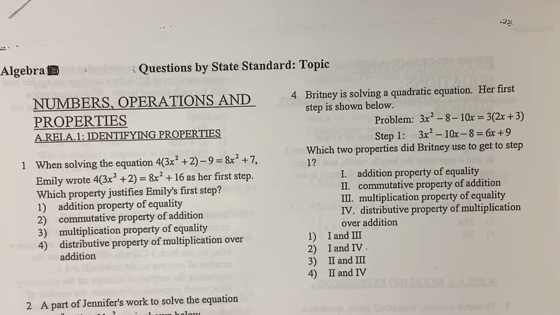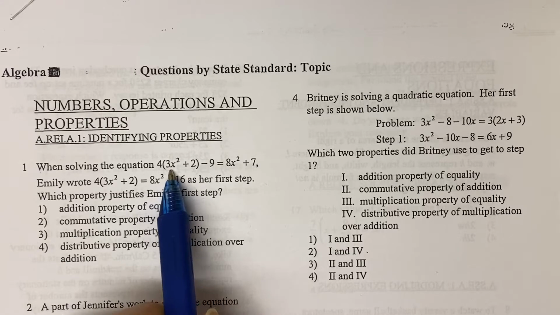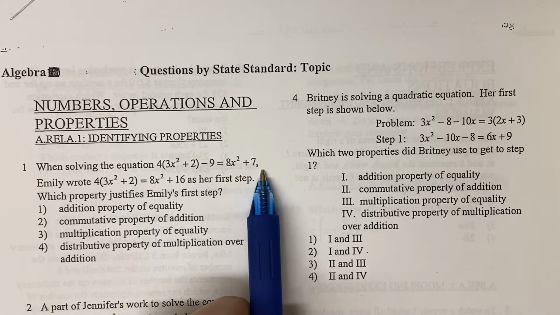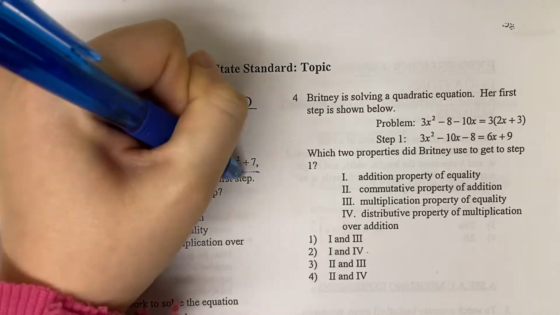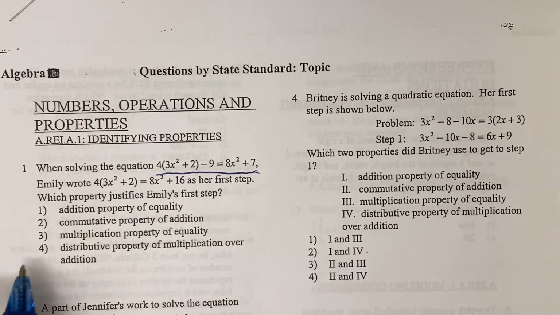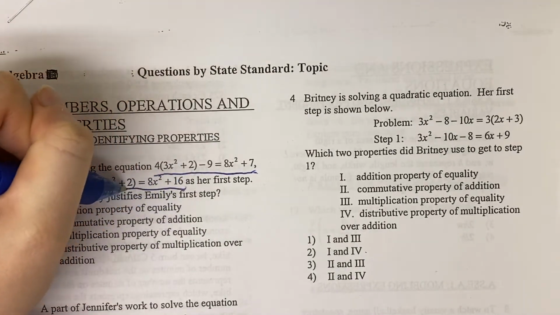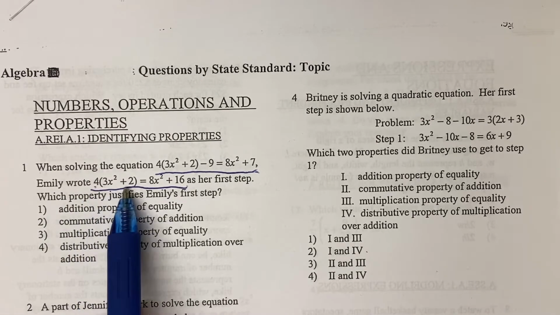You actually don't have to know a lot about properties in order to solve these problems because the words kind of give it away. In the first one, we have 4 times (3x squared plus 2) minus 9 equals 8x squared plus 7 as the original, right? And the first step that this girl Emily takes is not moving the 4 or the 3x squared or the 2.